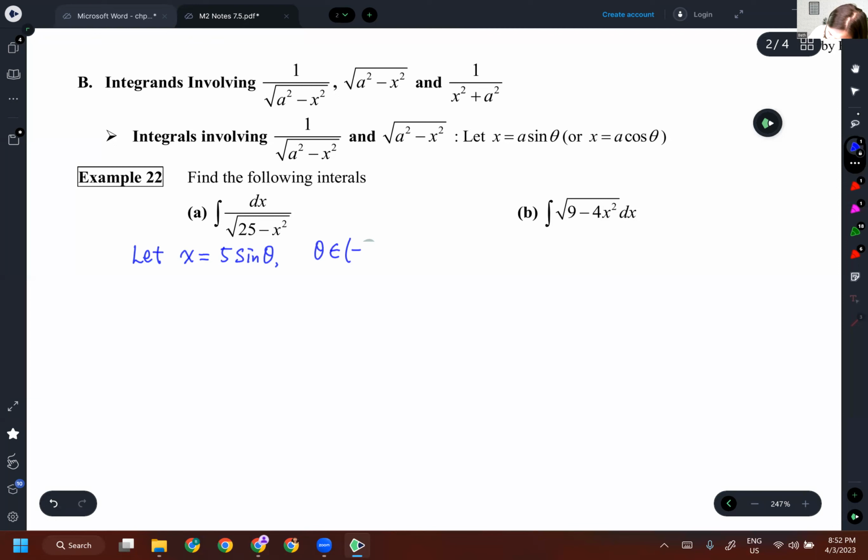Here I also change it to 90 degrees with a close bracket. Here I do not use the closed interval because the denominator cannot be 0. I hope you see that. If it's equal to 90 degrees, then x equals 5, and that is not okay because x cannot be 5.